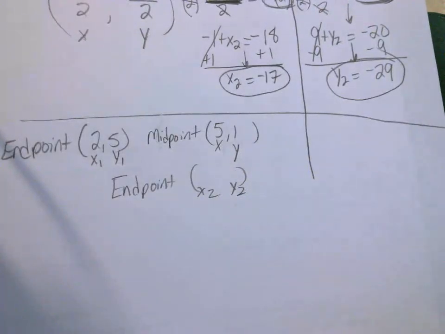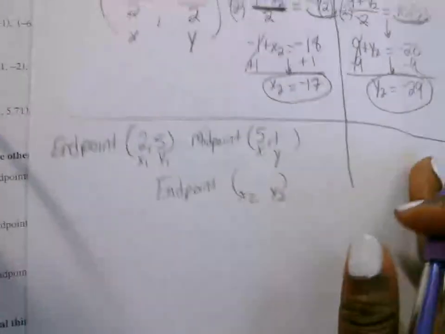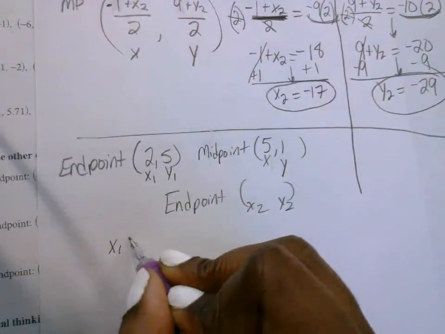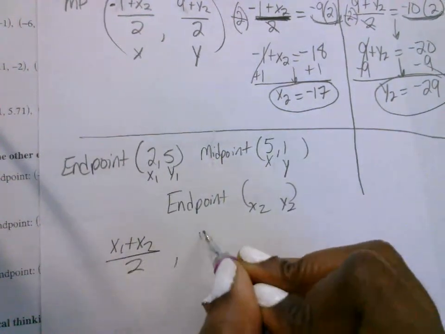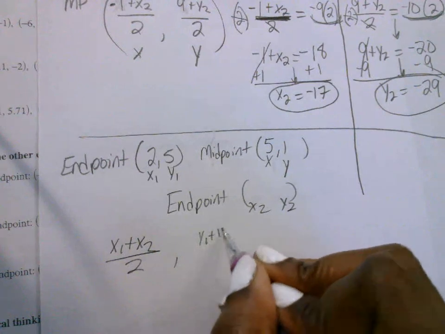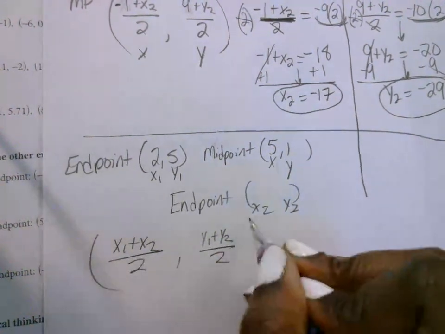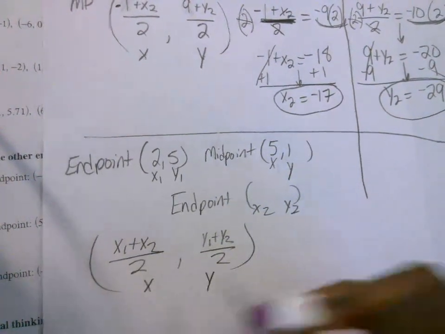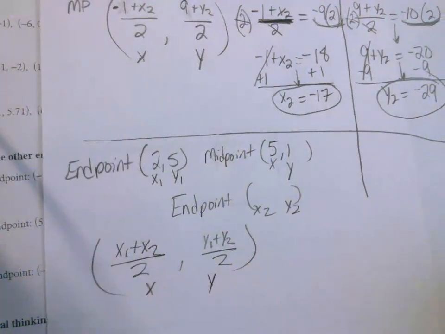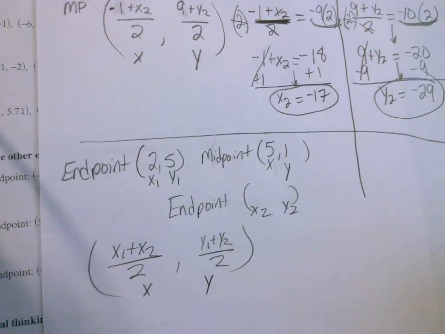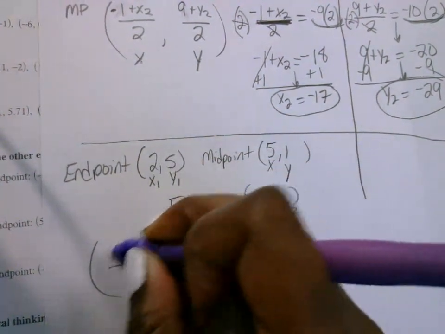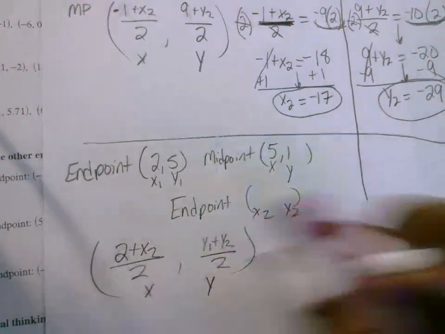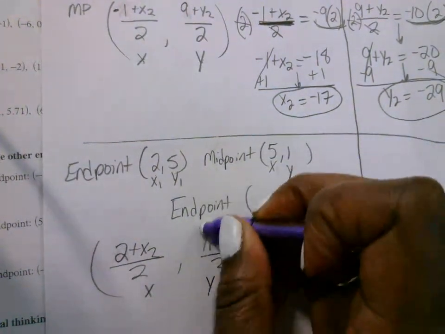So we're going to write the formula for midpoint, substitute the information that we need, and solve. So we have the x's added together and divided by 2. The y's added together and divided by 2. That's going to give me my x and my y coordinate for my midpoint. Okay, so information that they give you, 2 for your x1, 5 for your y1.